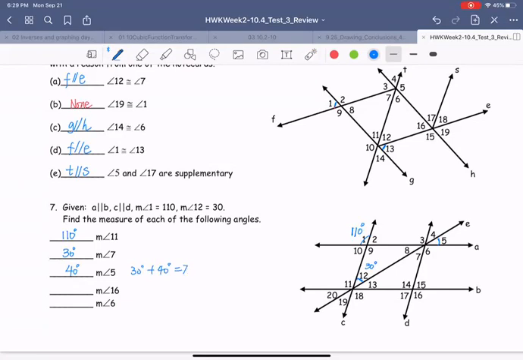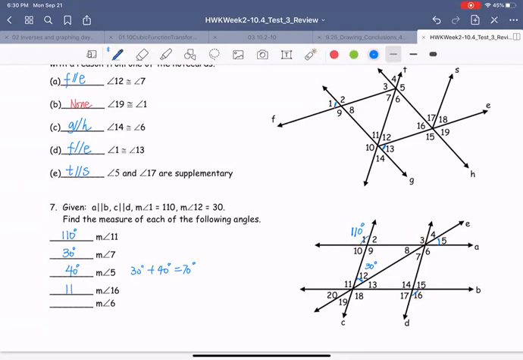Okay, angle 16. 110. Very good. This guy equals this guy, and this guy equals this guy. That makes sense?